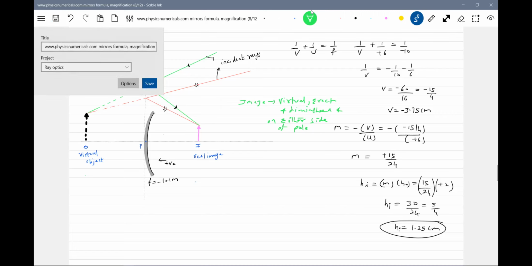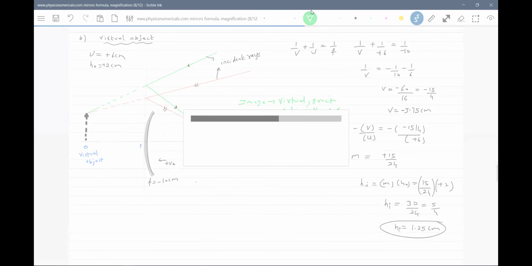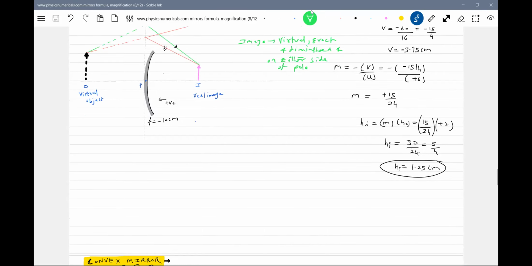So what is the conclusion we can make? Concave mirror for a real object. Okay, this is the final conclusion. I'm coming to the conclusion part. Concave mirror altogether, for a real object, the image is real, inverted, and magnified or diminished.